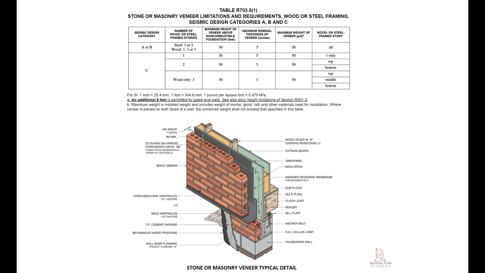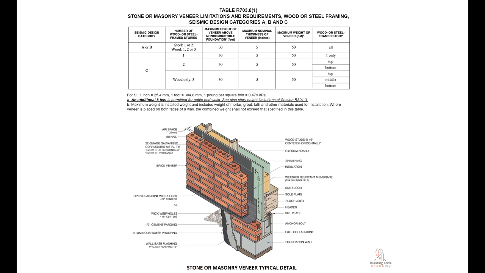Table R703.8.1, Stone or masonry veneer limitations and requirements. Wood or steel framing, seismic design categories A, B, and C. Maximum height of veneer above non-combustible foundation in seismic design category A, B, 30 feet.